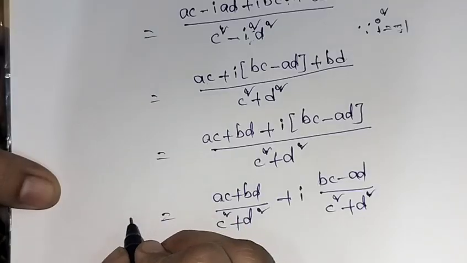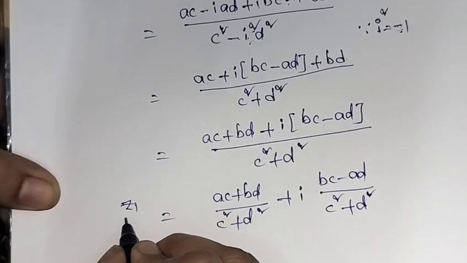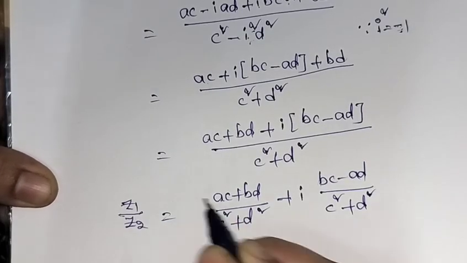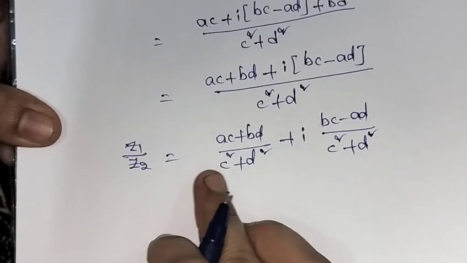This is the division of complex numbers, z1/z2. So this is in a + ib form.